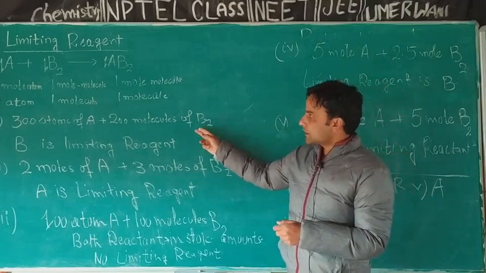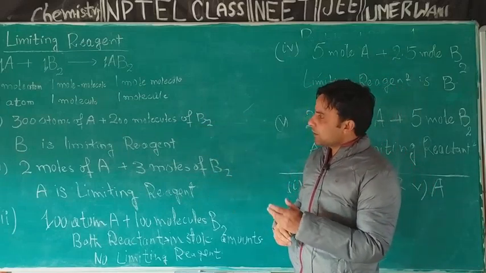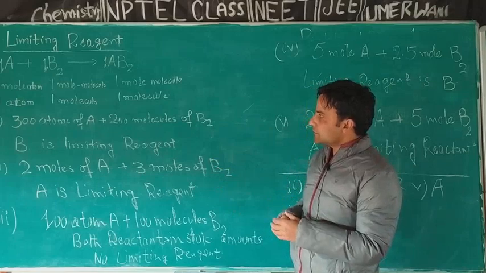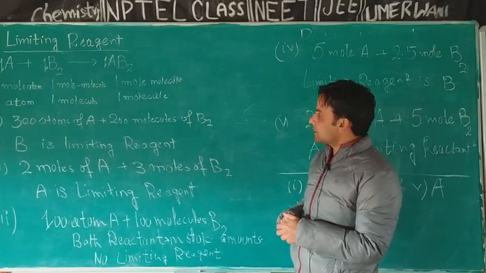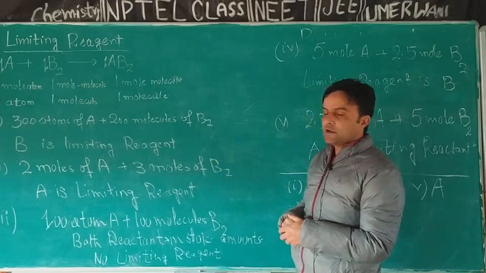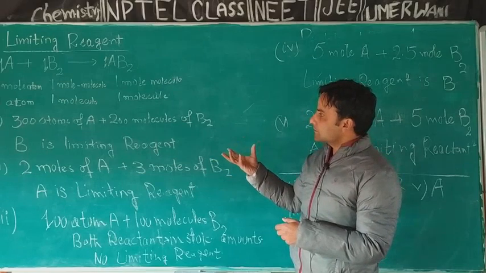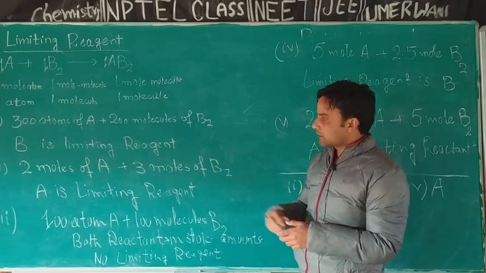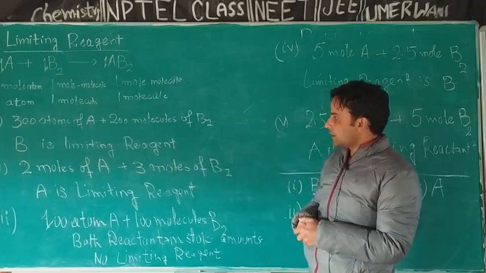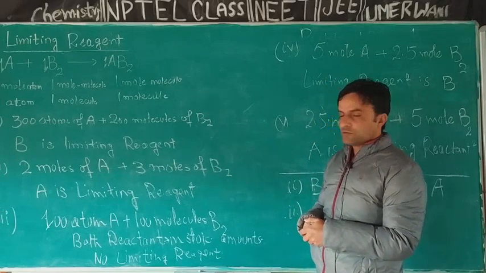In the first case we see that for 300 atoms of A we should have 300 molecules of B2, but the number of molecules of B2 is only 200. It means B is the limiting reagent and A is the excess reactant. In part second, 2 moles of A and 3 moles of B2.